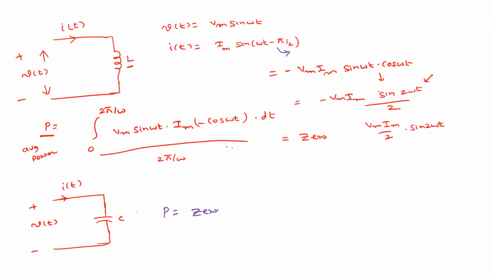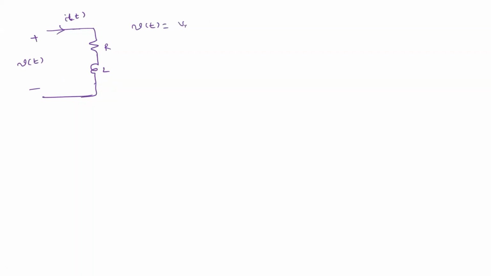So what if we have an RL circuit? Say the current is I of t. Let us assume V of t is Vm sine omega t, and I of t is Im sine omega t minus theta.